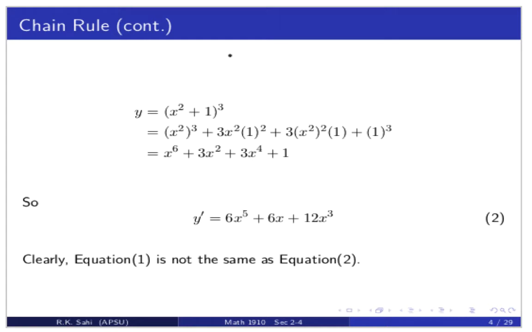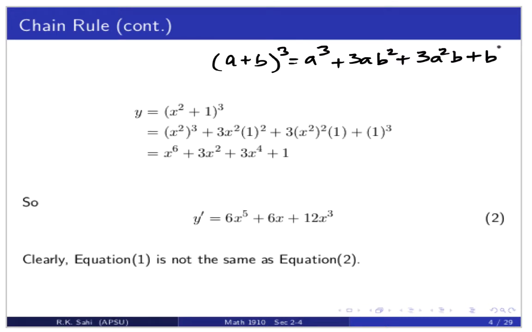If you don't remember it, you can write this as a plus b, the whole cube. It is a cubed plus 3a squared b plus 3ab squared plus b cubed.